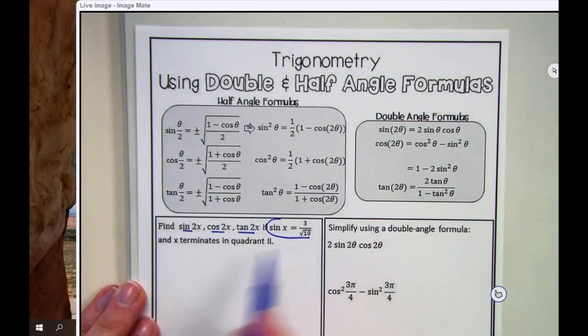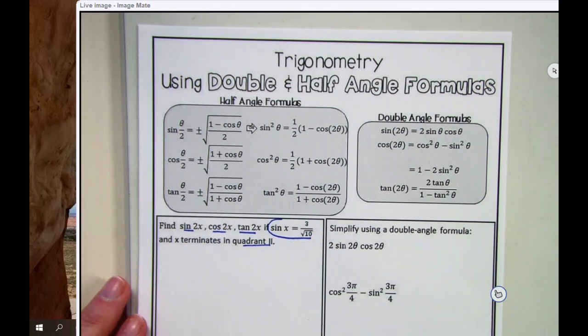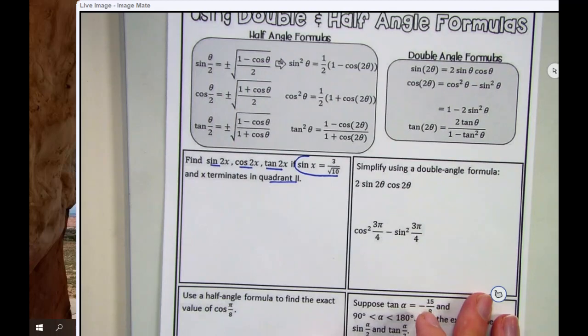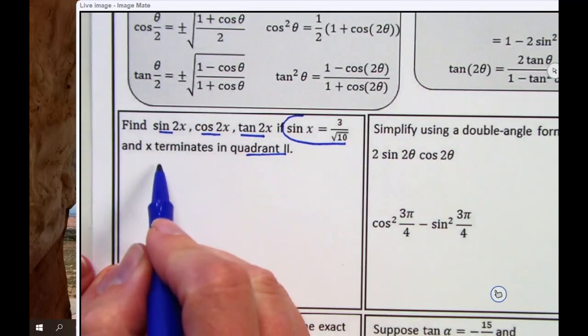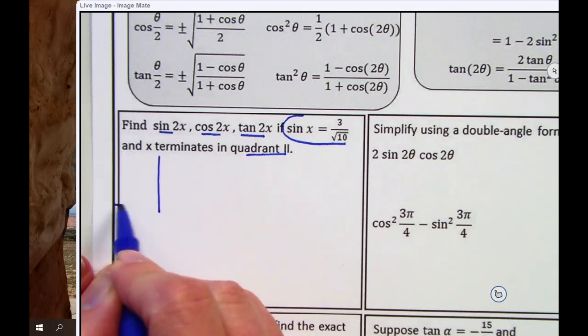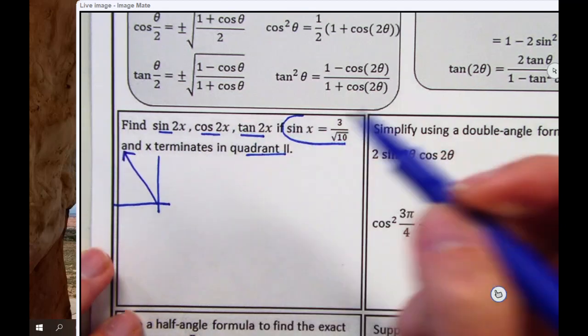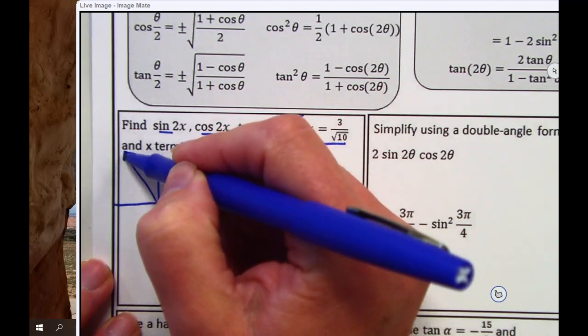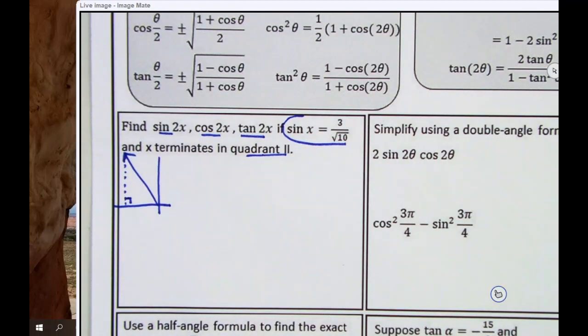It says the sine of x is that, and it's in quadrant 2. So first of all, we're going to draw our triangle. I'm going to show quadrant 2 over here. Here's my ray. We'll drop that 90-degree triangle.